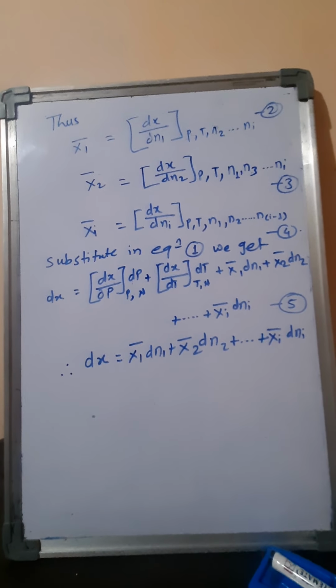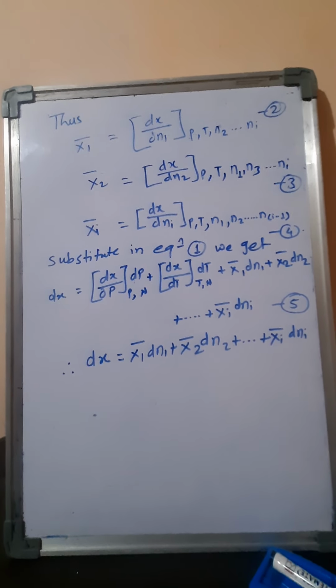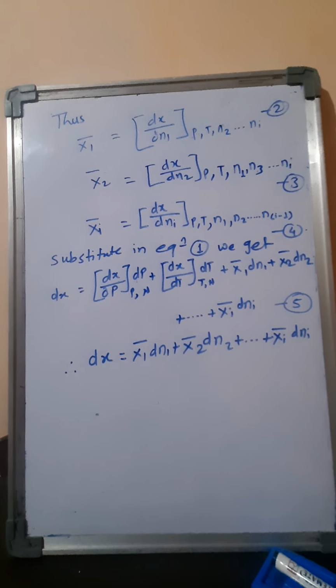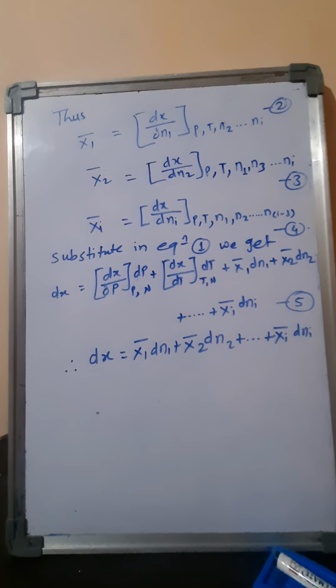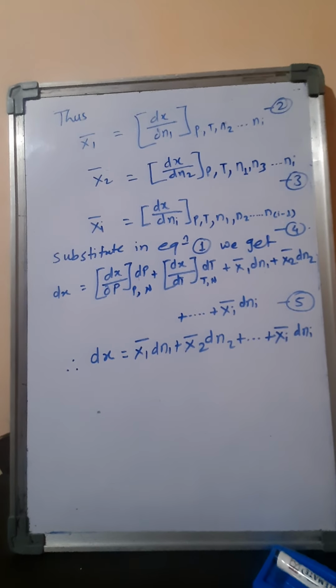In other words, the partial molar property is the change of property X of the system at constant pressure and temperature when 1 mole of the constituent is added to such a large quantity of the system that the added mole does not affect the composition of the system.